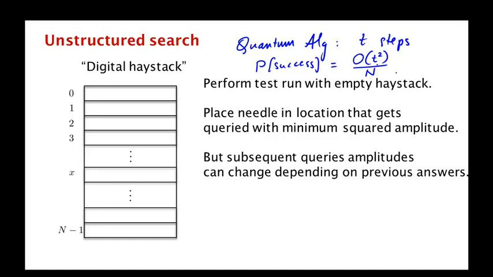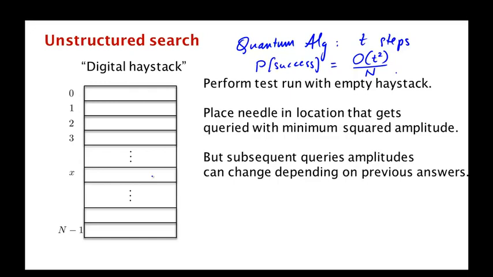Okay. Now the argument for doing this is very similar to what we did in the previous case where we had only one query. So what we're going to do is perform the test run with the empty haystack, so no marked element. Whatever algorithm we have, we are going to show that there's some location such that if the marked element is there, then this algorithm is going to do badly. It's going to succeed with probability at most order t squared over n.